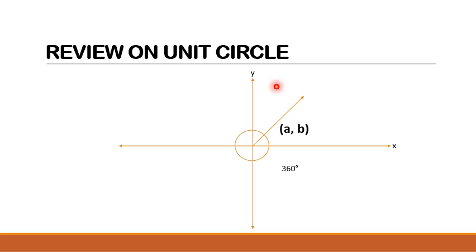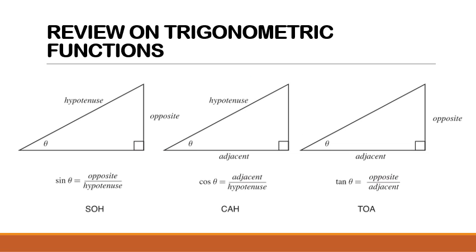So it has an x component and a y component. So you have to review your trigonometric discussions before about unit circle if you want to learn more about this. And also we have to review about the trigonometric functions, especially the definition of SOHCAHTOA. So SOH, sine theta, is equal to the opposite over the hypotenuse of the angle. This is only true for a right triangle. So this is the right triangle with 90 degrees and the angle is here.